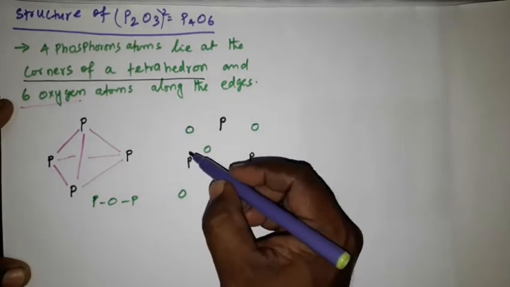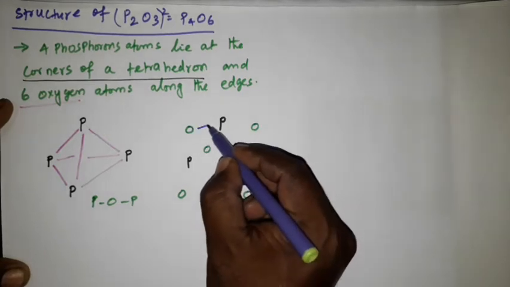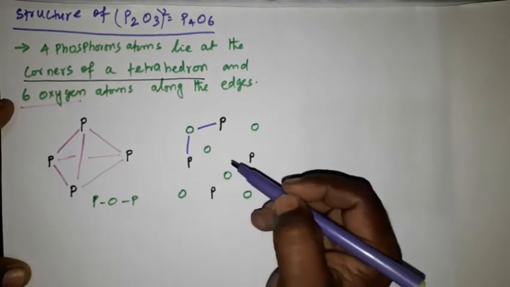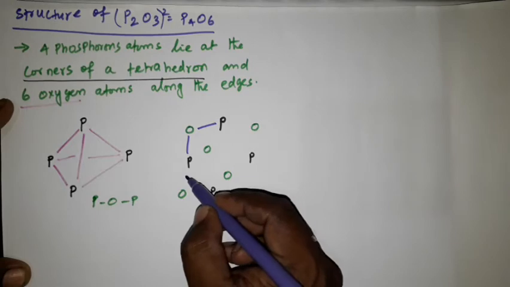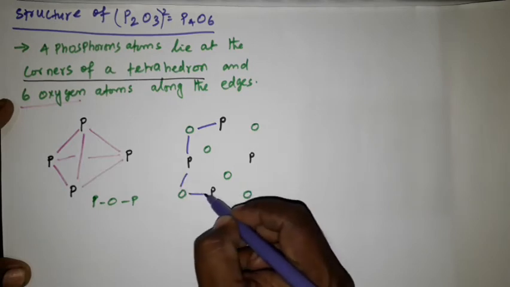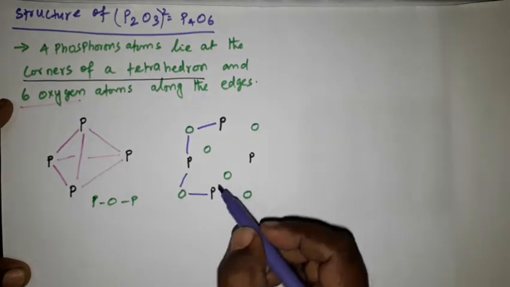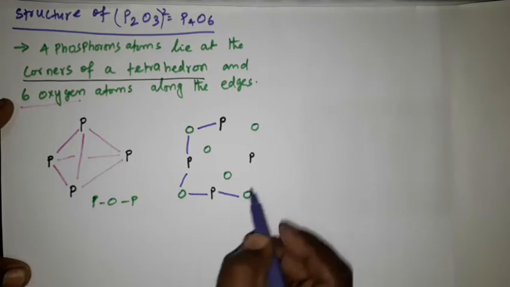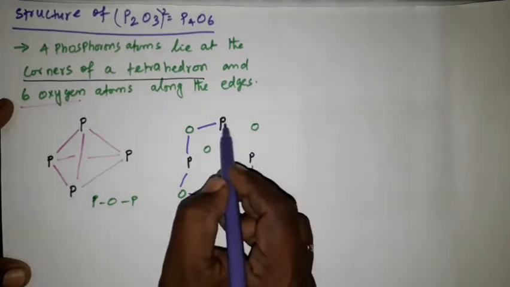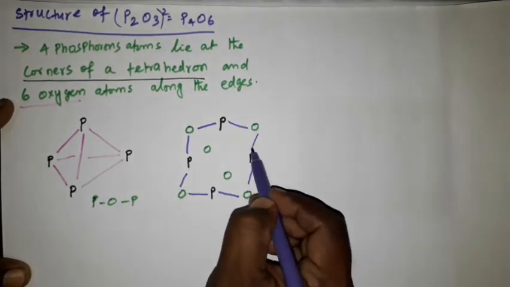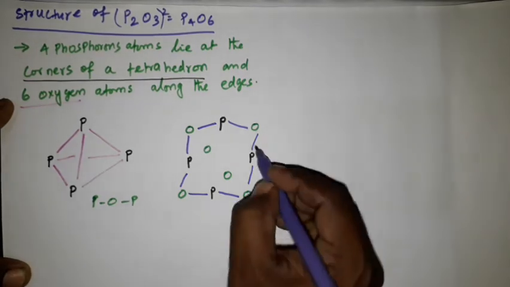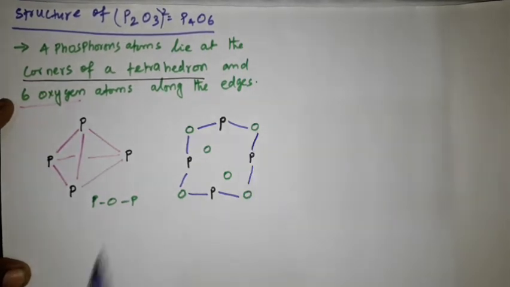First make a link phosphorus oxygen phosphorus. Now this one phosphorus oxygen phosphorus, and now phosphorus oxygen phosphorus, now phosphorus oxygen phosphorus. Clear? And make it a little straight.